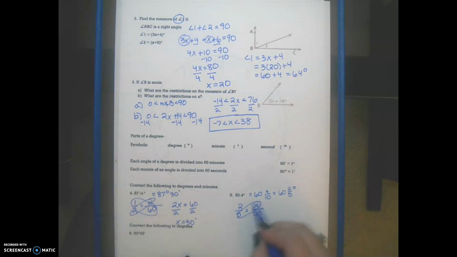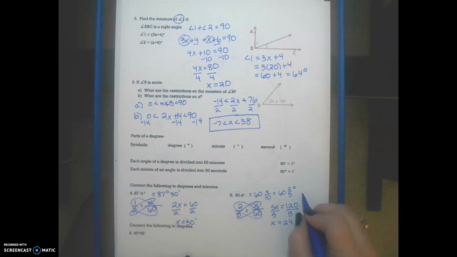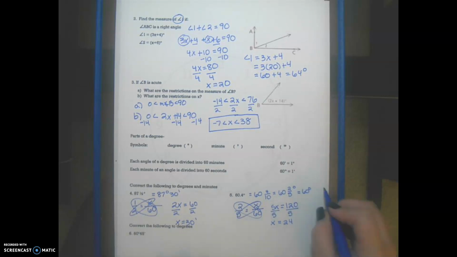So I cross multiply, and I get 5x is equal to 120, divide, and then we get that x is 24. So this is equal to 60 degrees and 24 minutes.